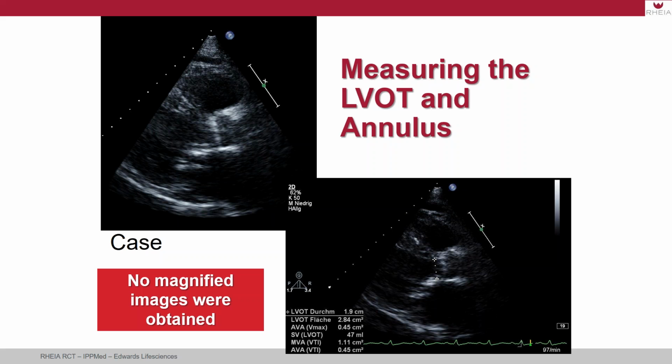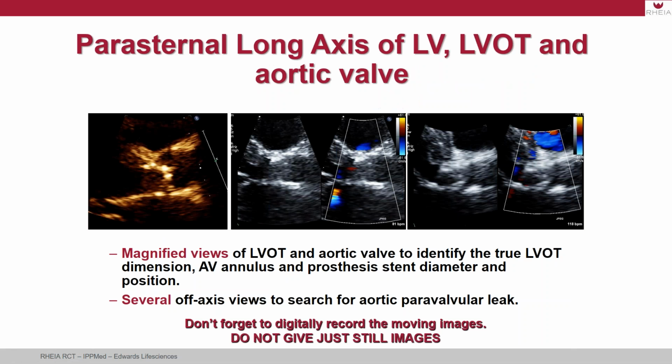This is an example where, for the LVOT, only a view that is not magnified was provided. Ideally we want a broader view, but also a view that is zoomed and focused and optimized on the LVOT and aortic valve. The LVOT diameter is, as you know, a very important measurement.